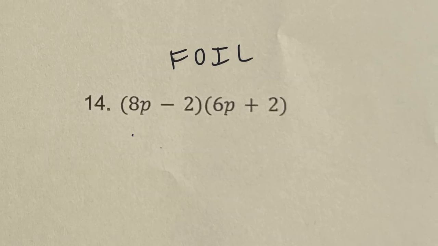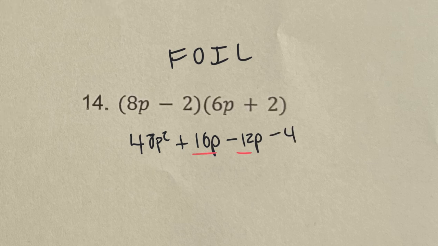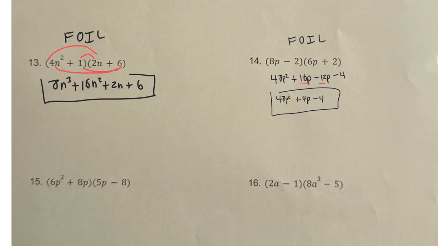First times first would give us 48p squared. Outer times outer would give us 16p. Inner times inner would give us negative 12p. And then we have negative 4. So we have like terms. Of course, 48p squared plus 4p minus 4. And then you're done. Hopefully that makes sense.